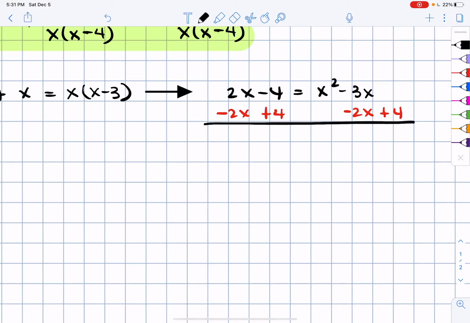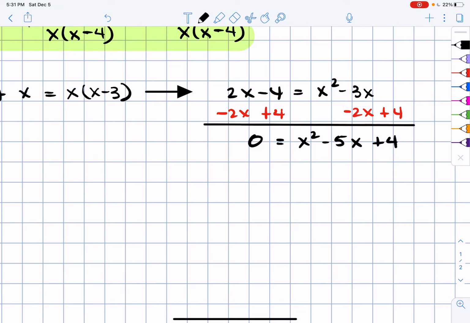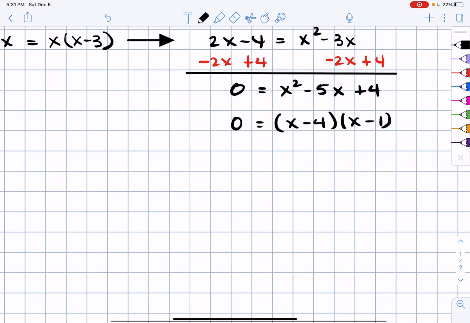What I'm going to get is 0 is equal to x squared minus 5x plus 4. This is going to be factored, and you might have to use the AC method. This is x minus 4, x minus 1, so I'm going to have x is equal to 4 and x is equal to 1.